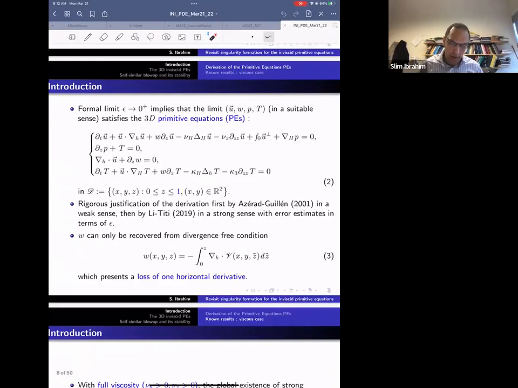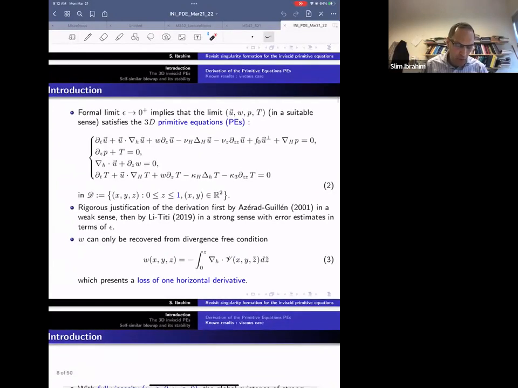Good. So one thing to observe here is that there is no equation for the vertical component of the velocity. So there is no dynamic that governs the motion of W. Instead, W, the vertical component of the velocity, is slaved by the incompressibility of the fluid.